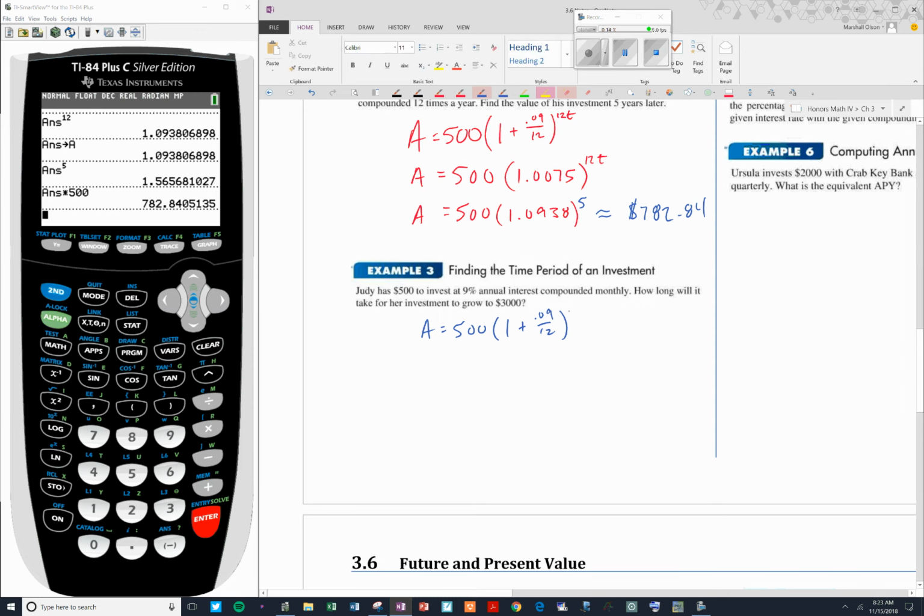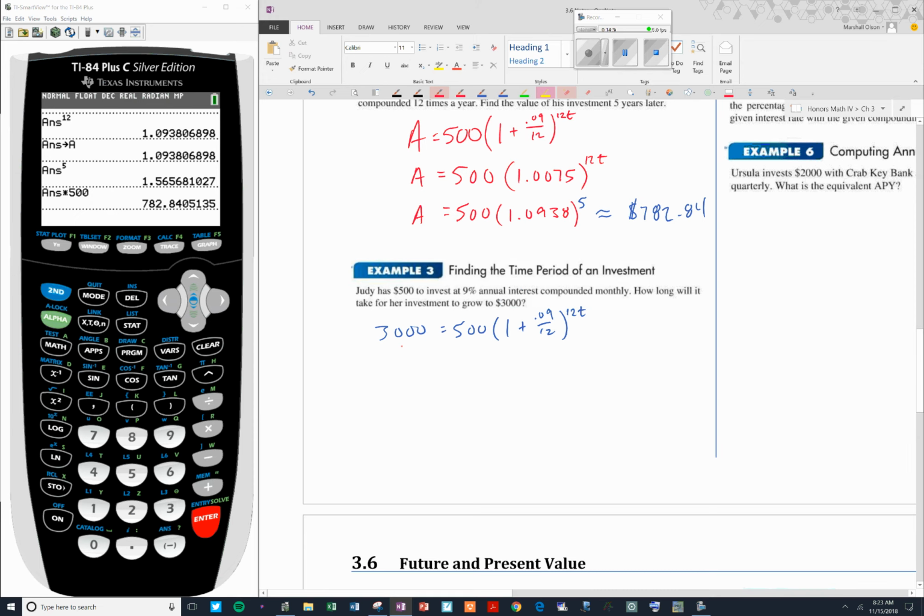This should be 12t. But we know that that ended up being that 1.0075. So we want to find out when this is going to equal 3,000. That's going to be my amount. And we're going to solve this algebraically.